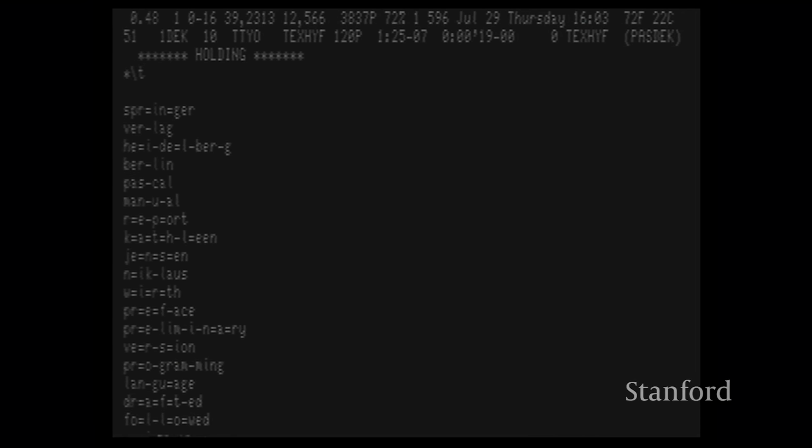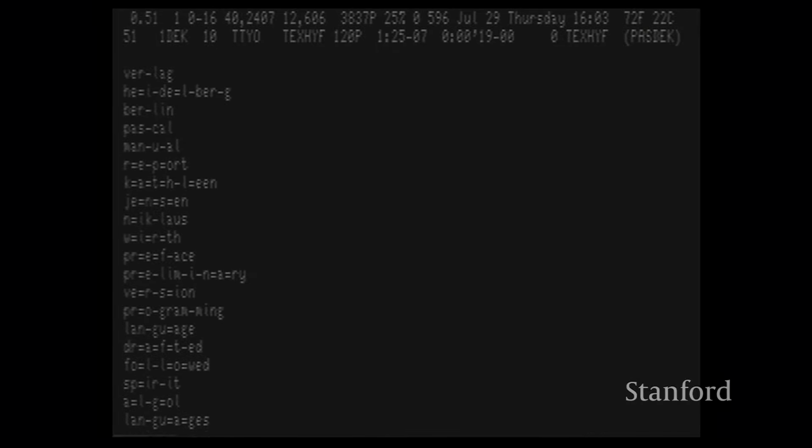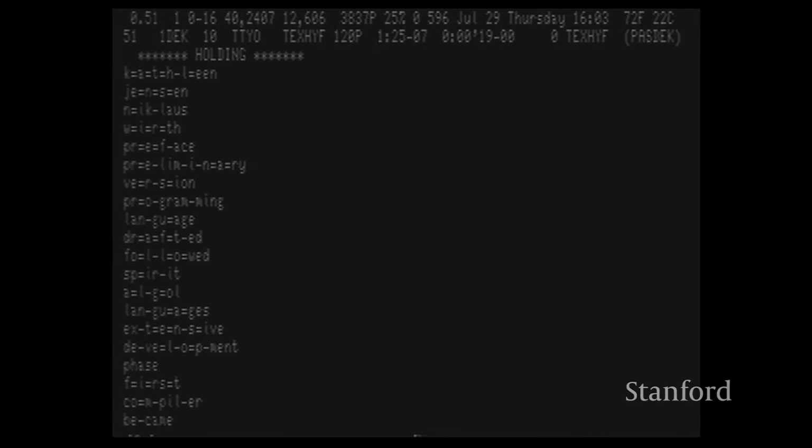Preface. No, what I mean is our hyphenation patterns are supposed to work for English, you see. So: version, programming, language, drafted, followed, spirit, Algol, languages, extensive, development. Phase didn't get hyphenated, first didn't, that's good.